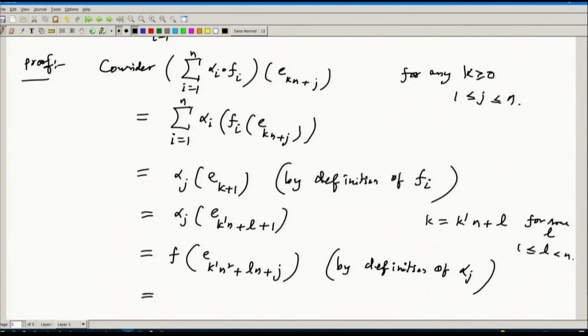So now this is equal to f of e_{(k'n+L)n+j}. But what is this?